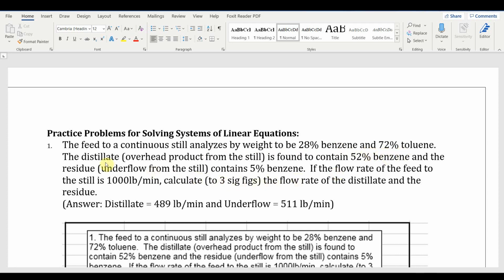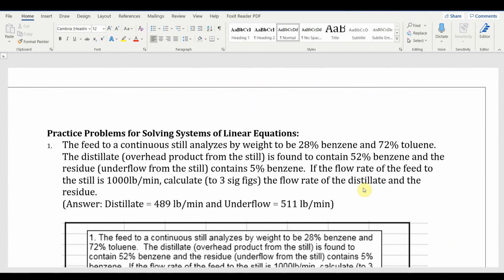The distillate, that's the overhead product from the still, is found to contain 52% benzene, and the residue, or the underflow from the still, contains 5% benzene. If the flow rate of the feed to the still is 1,000 pounds per minute, calculate to 3 sig figs the flow rate of the distillate and the residue.